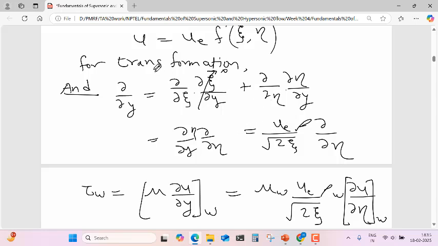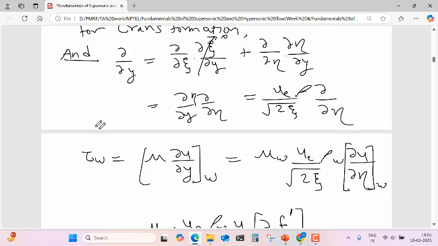Now we can find dou u by dou y, or say tau w, the wall shear stress. It is given by mu dou u by dou y at wall. At wall this mu will become mu w, and dou u by dou y we can write using this equation. It will become ue upon under root 2 xi, and at wall this rho will become rho w, dou u by dou eta at wall.